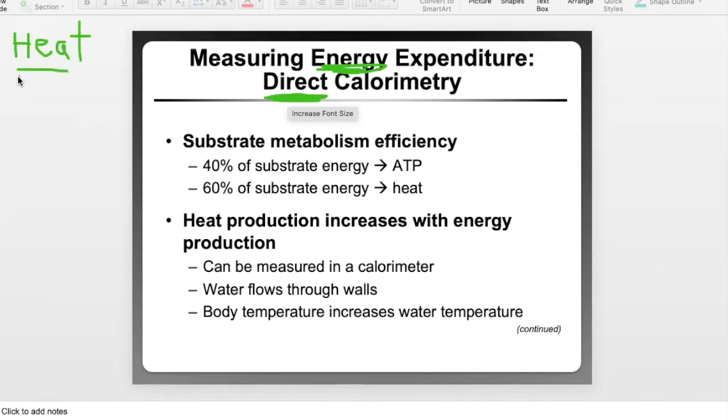And when I do exercise, that muscle contraction results in the creation of ATP, but only 40% of the carbohydrate, protein, and fat that is broken down is used for ATP. The rest is actually inefficiently lost as heat.